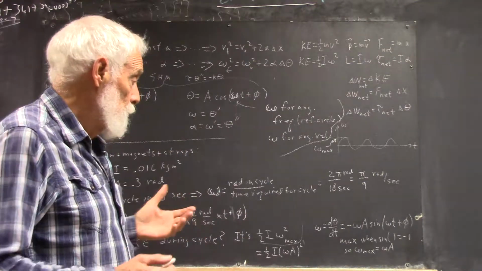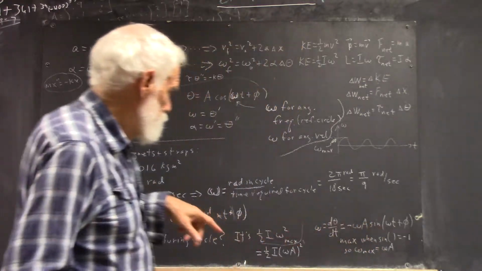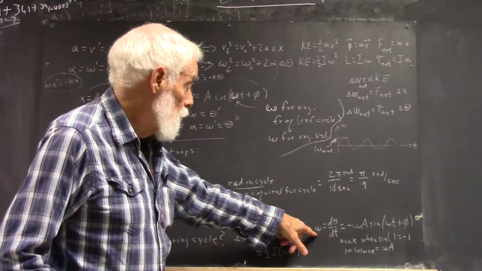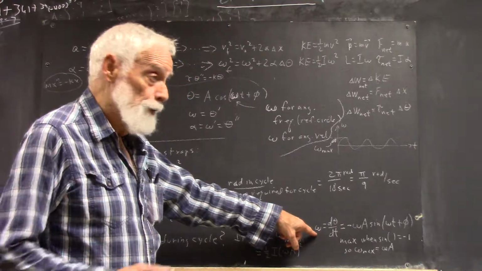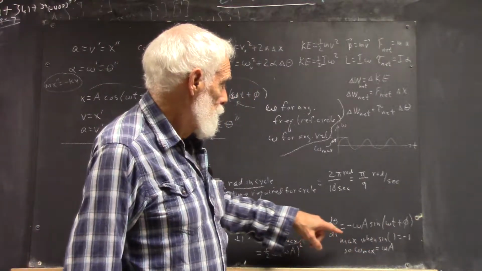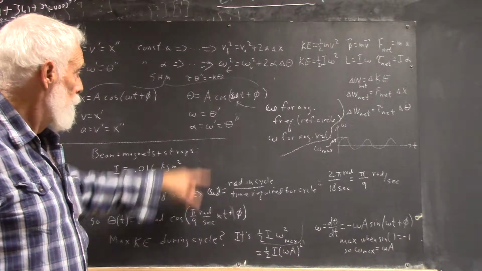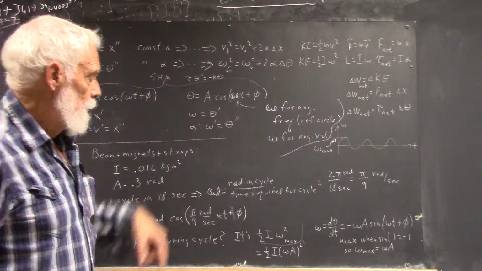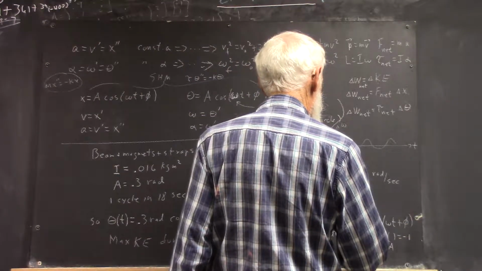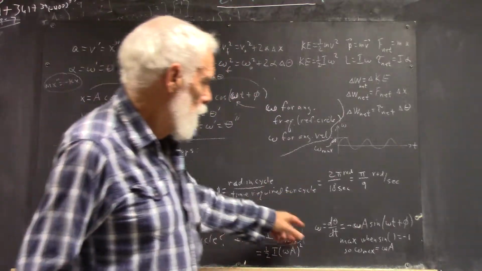What's the maximum kinetic energy in a cycle of simple harmonic motion? Well, it took a little while to see it, but right here is the equation for the angular velocity of the system at time t, and it's just the derivative of this, okay, or the derivative of this in general, and it's negative omega A sine of omega t, but it's the angular frequency omega, not the angular velocity omega.